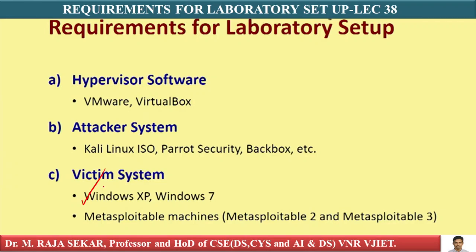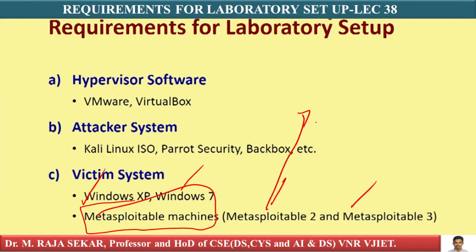Victim system. In the victim system, you can keep Windows XP, Windows 7 or Metasploitable machines. What are these Metasploitable machines? That is Metasploitable 2 and Metasploitable 3. Metasploitable 2 is based on the Linux operating system, a Linux-based virtual machine.